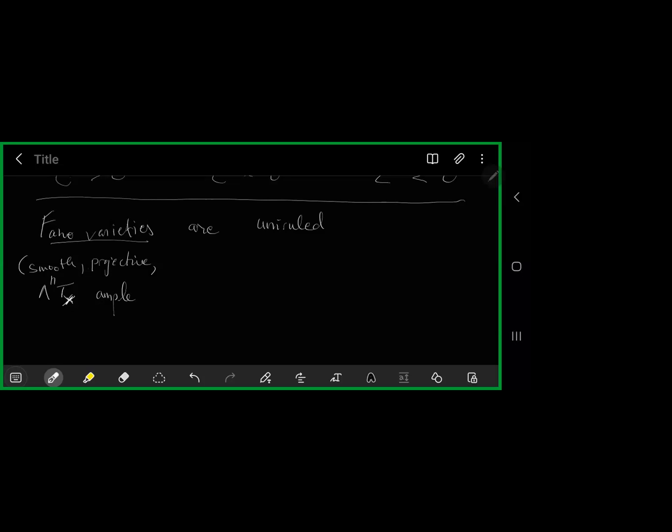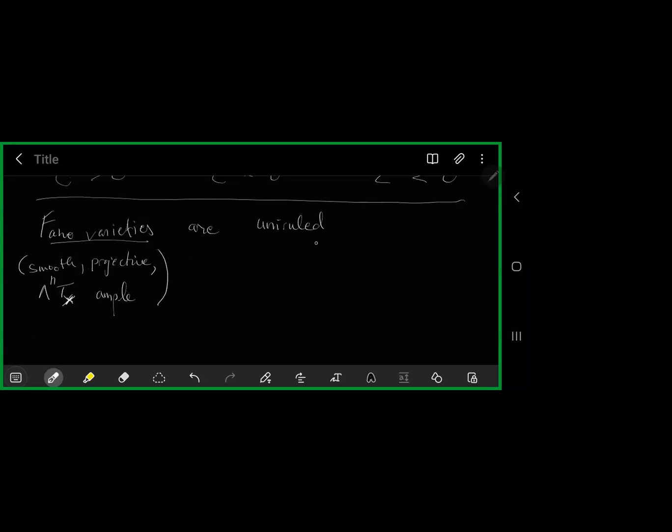Under those conditions, those define a Fano variety. So smooth and projective, that's very general, but the restriction on the exterior power of the tangent bundle, that's the restrictive part.